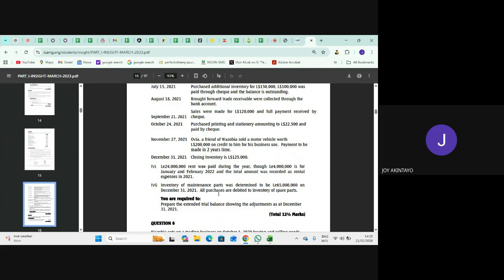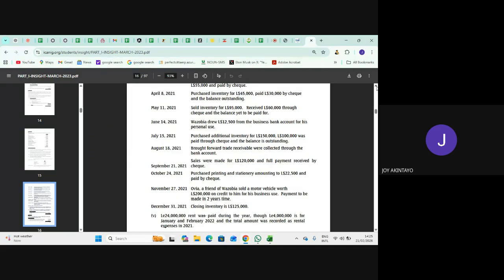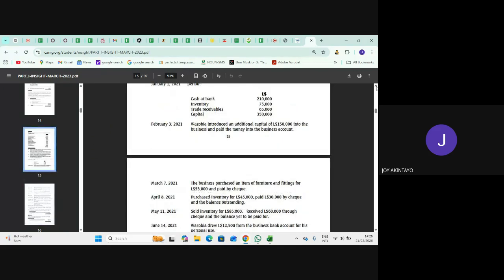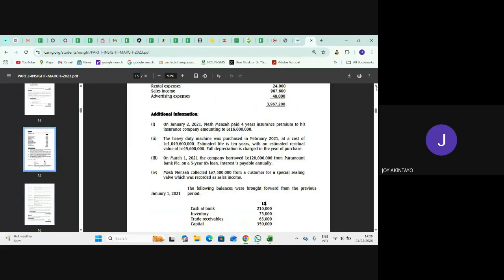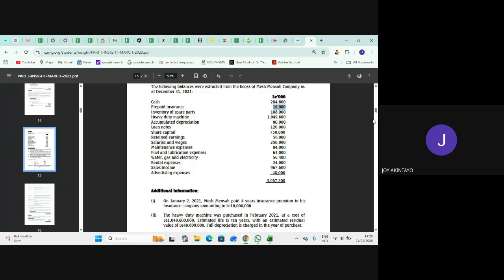All purchases are debited to inventory spare parts. Okay, they've determined the closing inventory for the period. So we also need to determine our purchases. Do we have any purchases here?